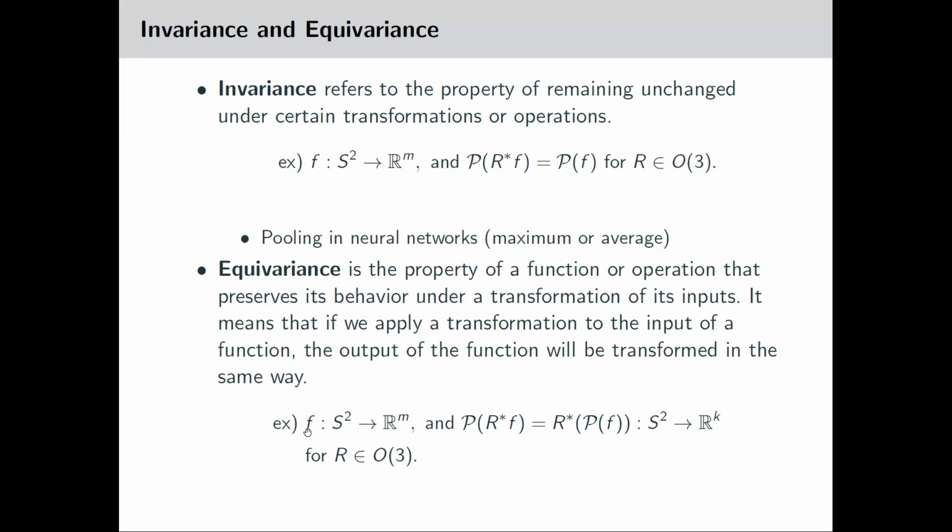Suppose we have a function f defined on S2 and an operator P that takes a function defined on S2 and outputs another function defined on S2. If the following equation holds for every orthogonal matrix R, then we say that this operator P is O3 equivariant, because in this equation, the orthogonal matrix comes out of the operator P, right? That means this operator P is O3 equivariant.